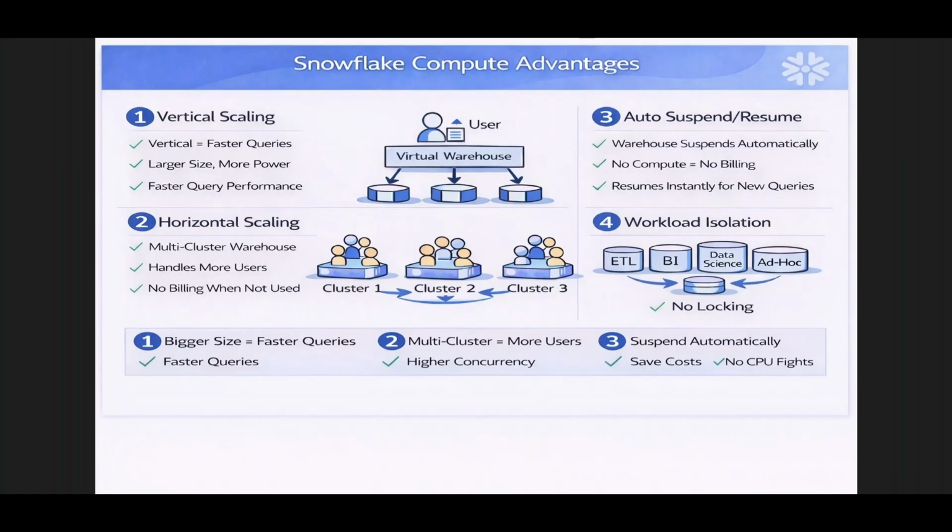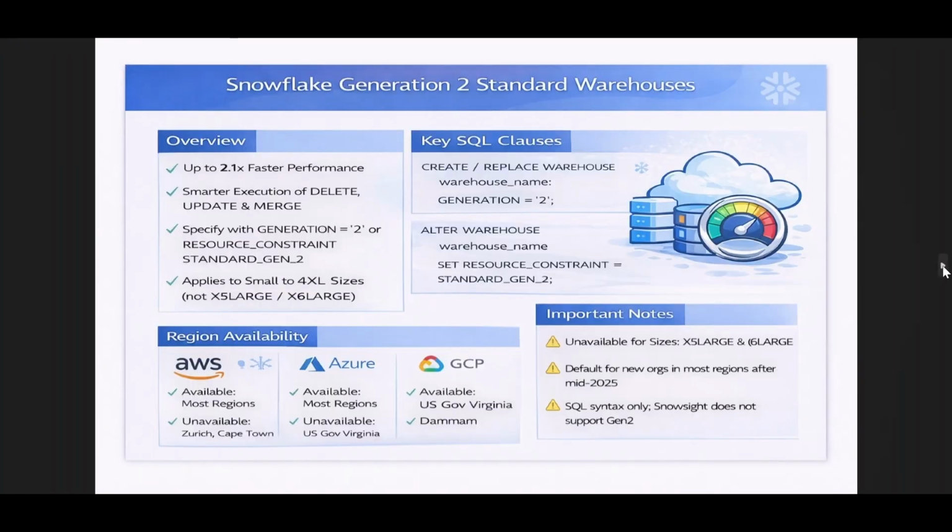Now, before we jump into the demo, it's important to know that Snowflake's compute layer has evolved. Starting in 2026, Snowflake rolled out some major improvements to its compute layer. Snowflake now supports Generation 2 standard warehouses, often called Gen2. Gen2 is the next evolution of Snowflake's standard virtual warehouses.